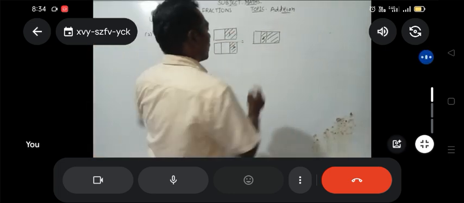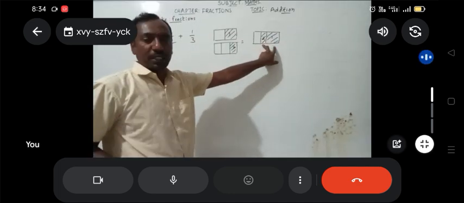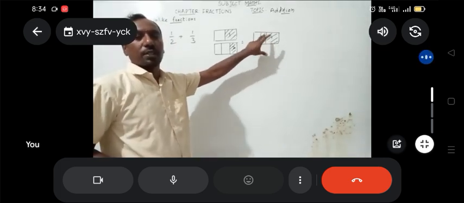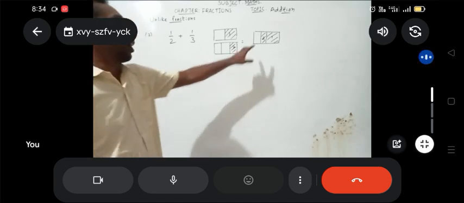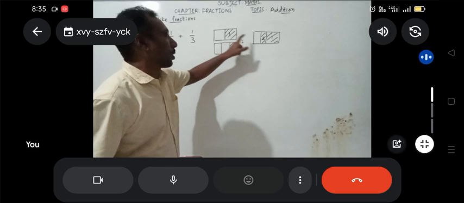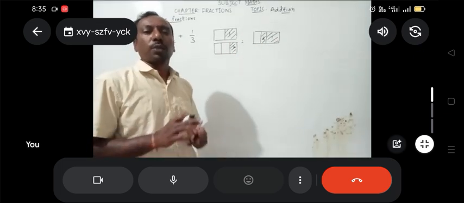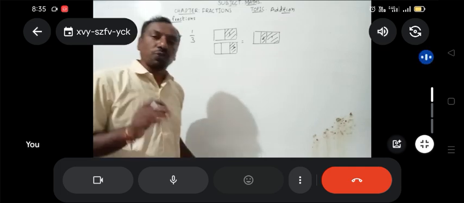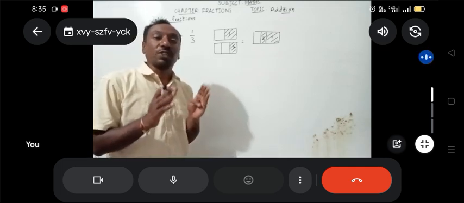How can we represent this addition of these fractions? Since the size of this part is big and the second part is small, you cannot say the fraction, because when you go for fractions, the parts should be equal in size.